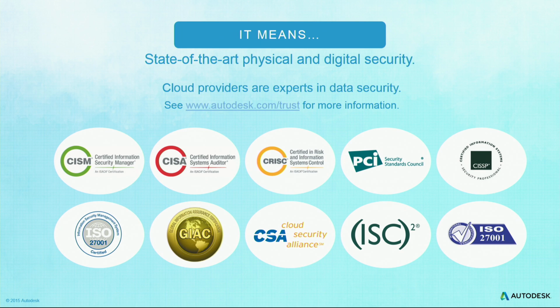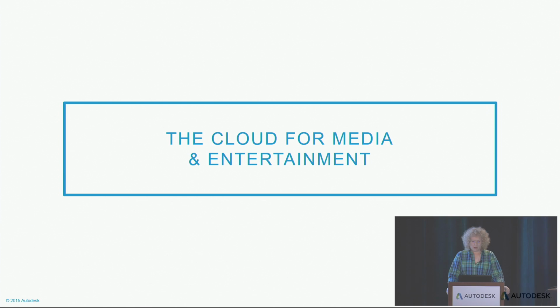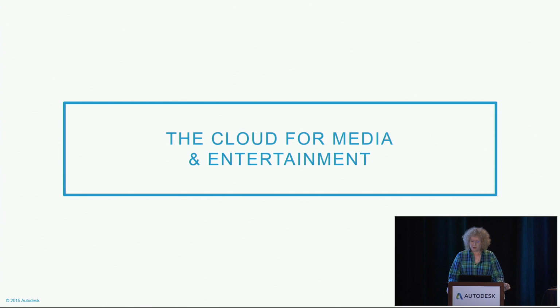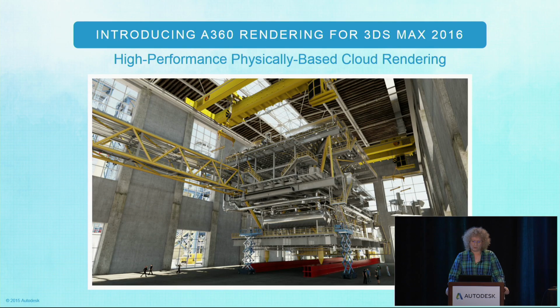So, I'm very proud to announce that Autodesk has new cloud rendering services for 3ds Max 2016. So the first one I mentioned earlier, our A360 rendering for Max. It is high performance, it is physically based cloud rendering. It's ideal for TV and film pre-visualization.